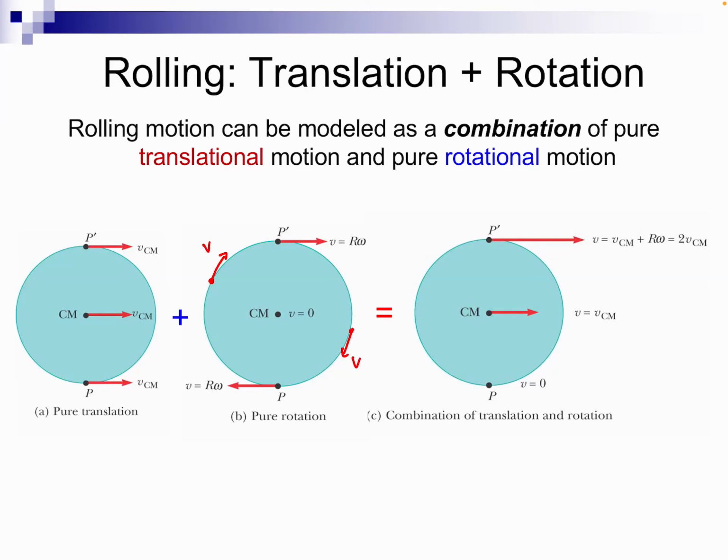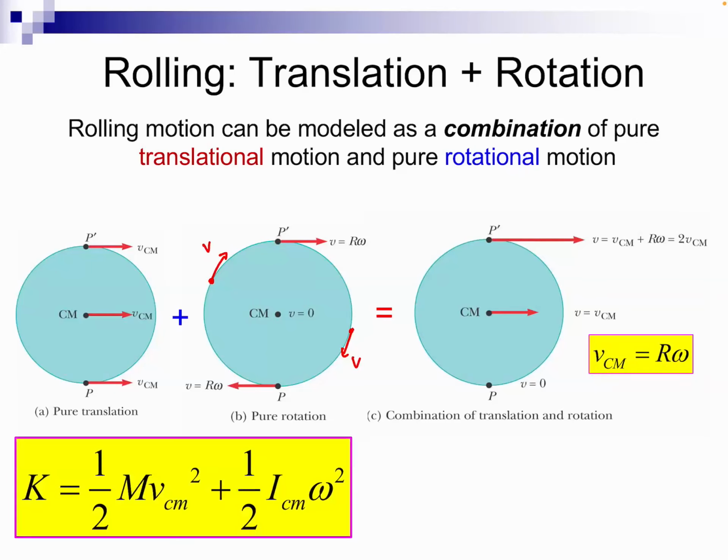Rolling is also a special kind of motion because we derived this relationship between the linear velocity and the angular velocity. But when you look at the kinetic energy of a rolling object, make sure to include the contribution of translational or linear kinetic energy.